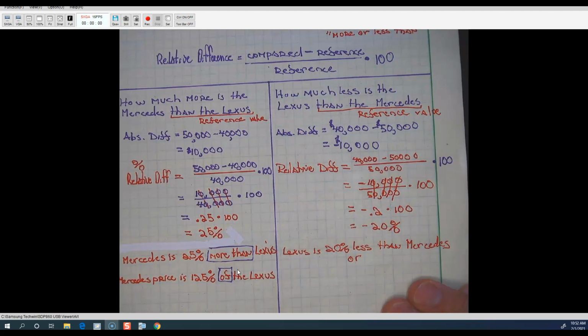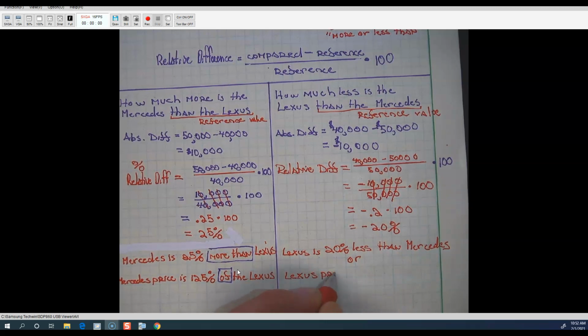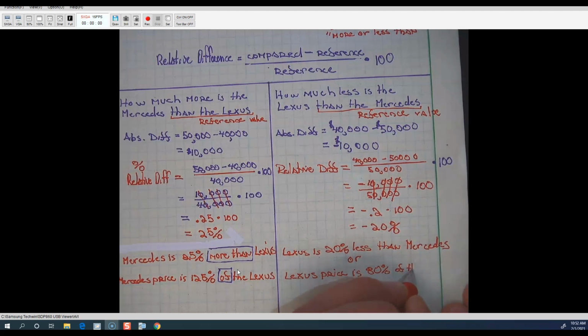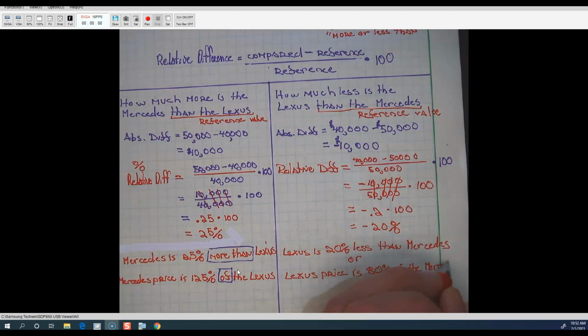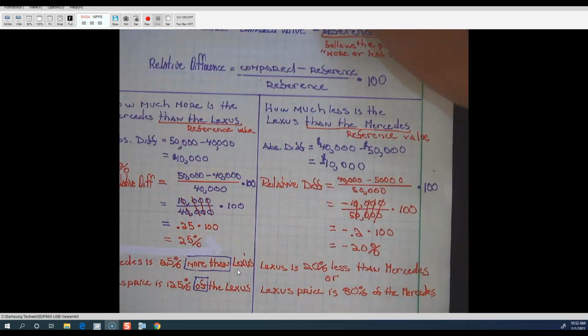Or the Lexus price is 80% of the Mercedes price. Those are the same statement.